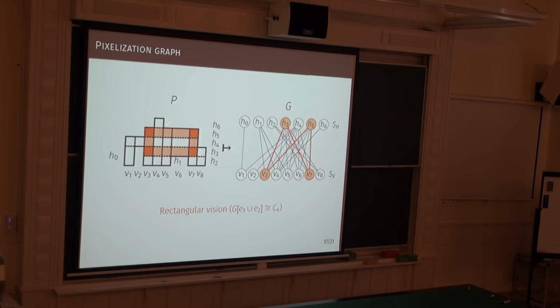However, since we know that P is simply connected, this cannot be the case. So indeed, these 2 points have rectangular vision of each other.